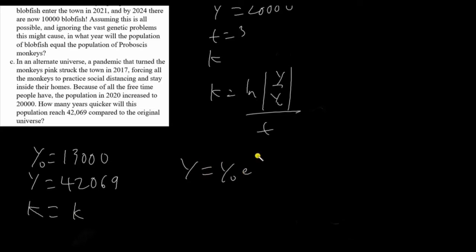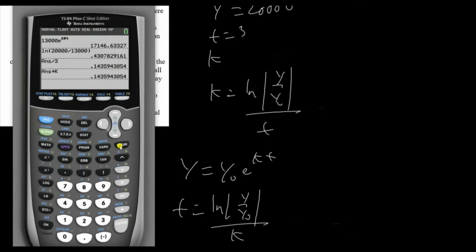This is our equation. And we're solving for T. So we know our y value, we know our y initial value, and we know our k value. So that's going to go straight in the calculator.